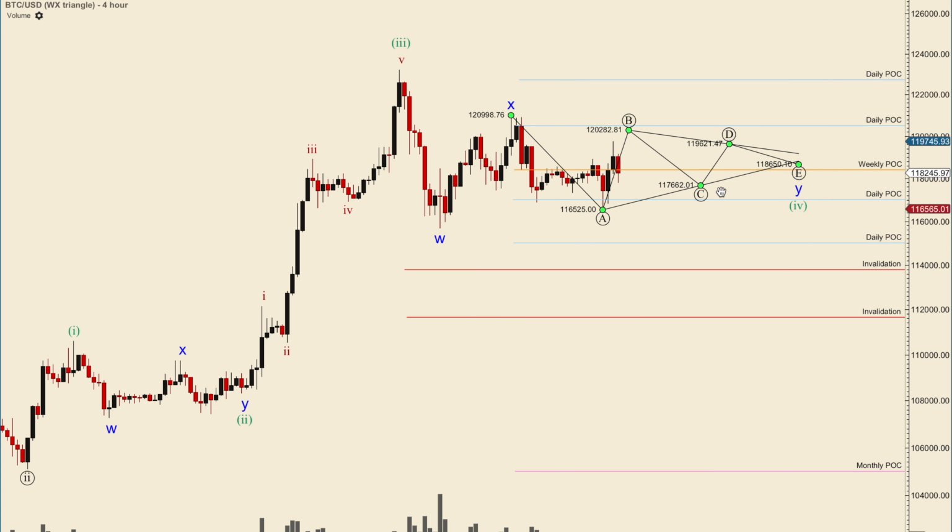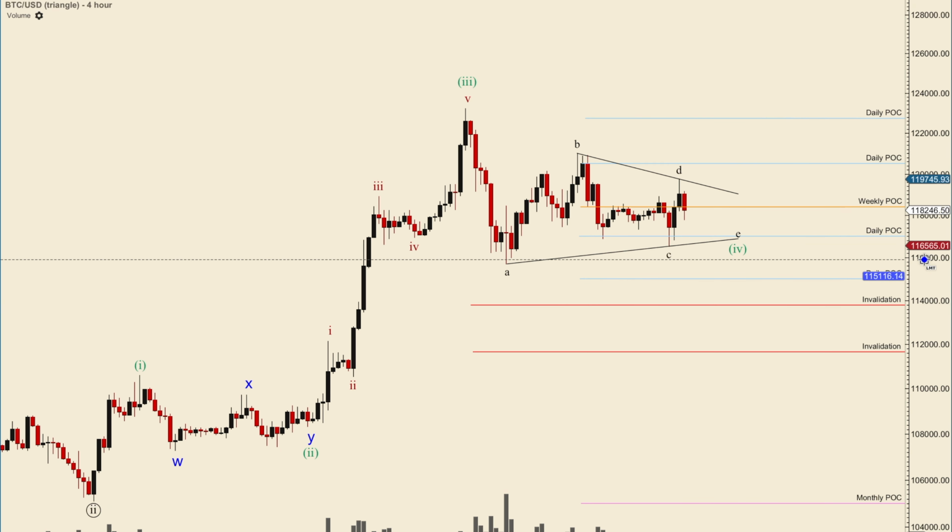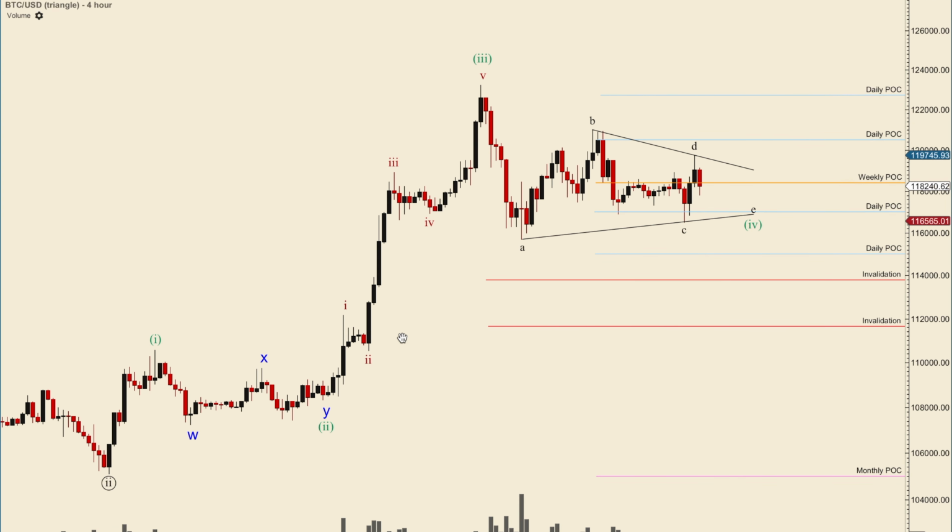So wave Y, if we start with a zigzag in wave W, wave Y can be a zigzag, flat, or a triangle. And in this case, we have wave Y as a triangle. And here, this is the same count as the other ones. It's just that in this scenario, we go straight to a triangle.